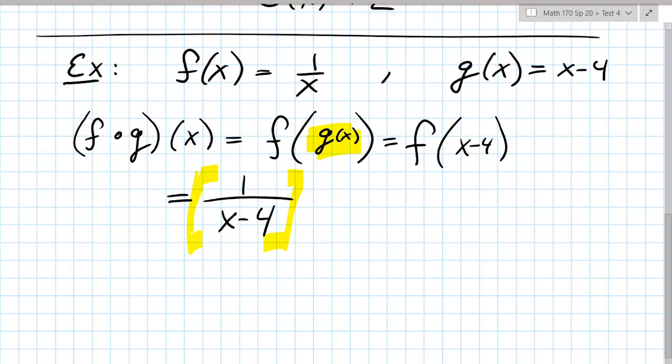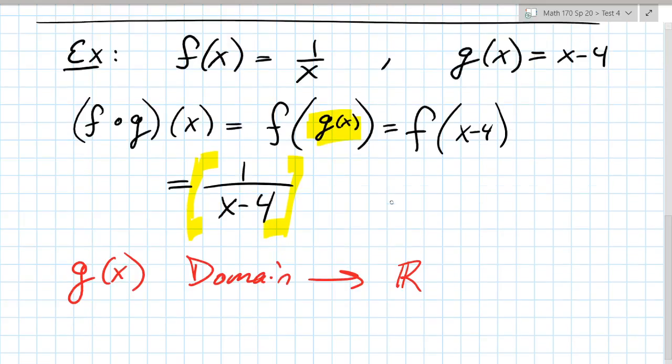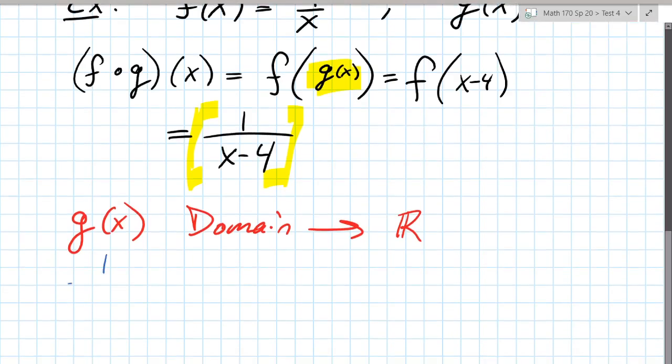What works for g of x? Well, all real numbers work for g of x. Then if I look at the new function, are there any problems? Well, there would be a problem at x equals 4, so we say x cannot equal 4.